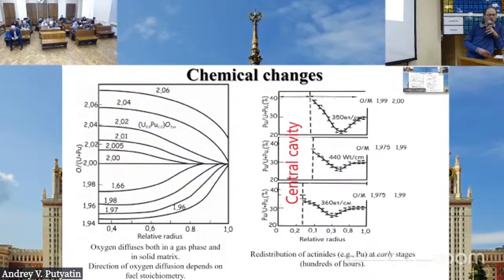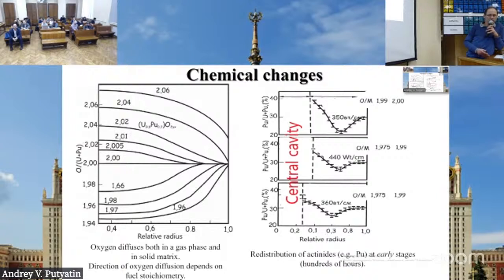Oxygen flow can go either to the center or to the periphery, and the oxygen diffuses either by gas transport, because you always have some residual gases like carbon dioxide or carbon monoxide, which can transport oxygen and then decompose to oxygen and carbon, or by solid state diffusion, because oxygen diffuses quite rapidly in uranium dioxide.